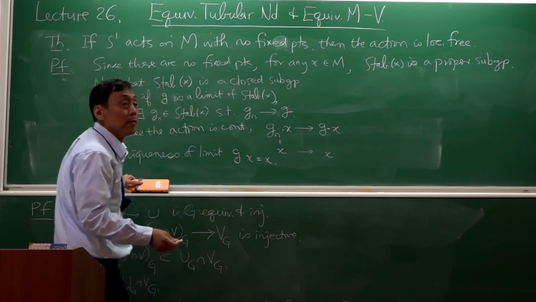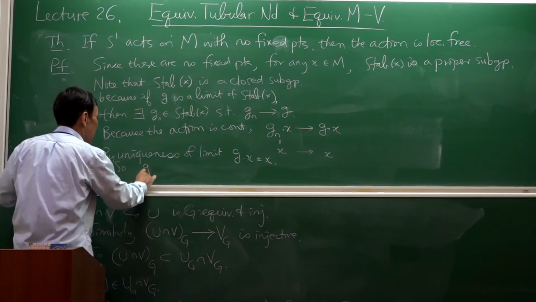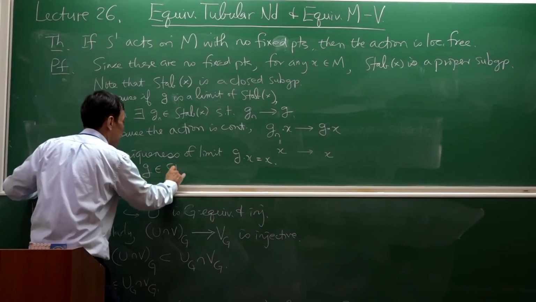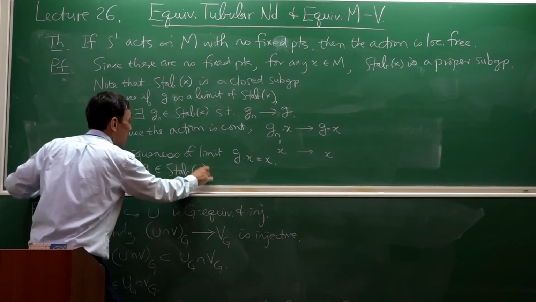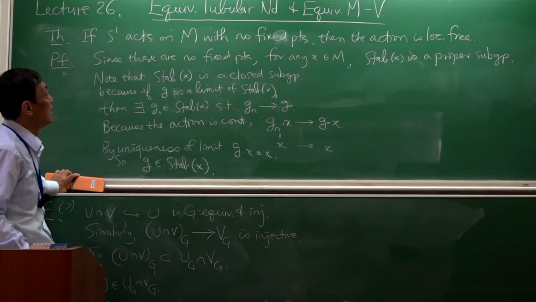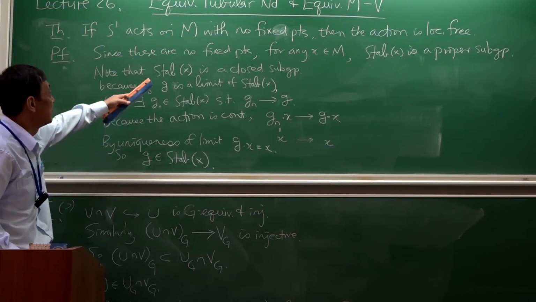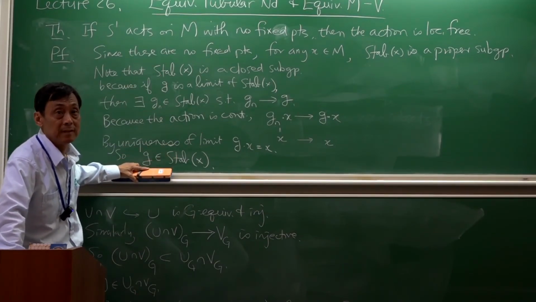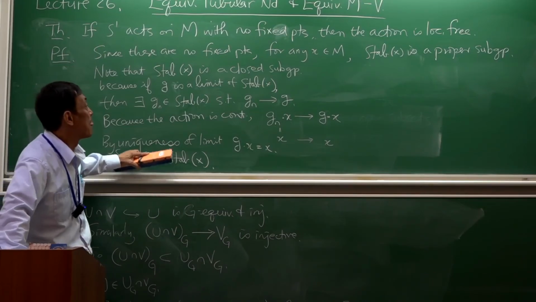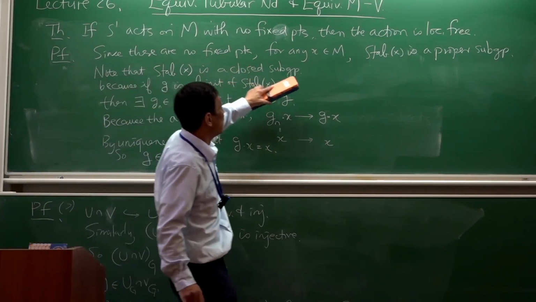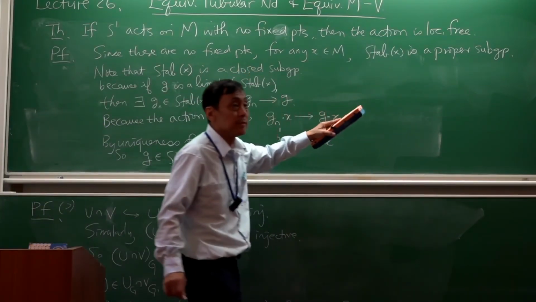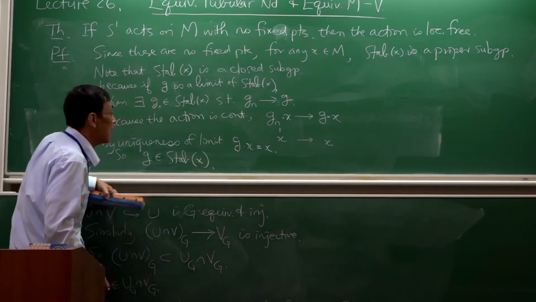So g is in the stabilizer of x. So that proves that the stabilizer is a closed subset. It is a subgroup and a closed subset, so it's a closed subgroup.